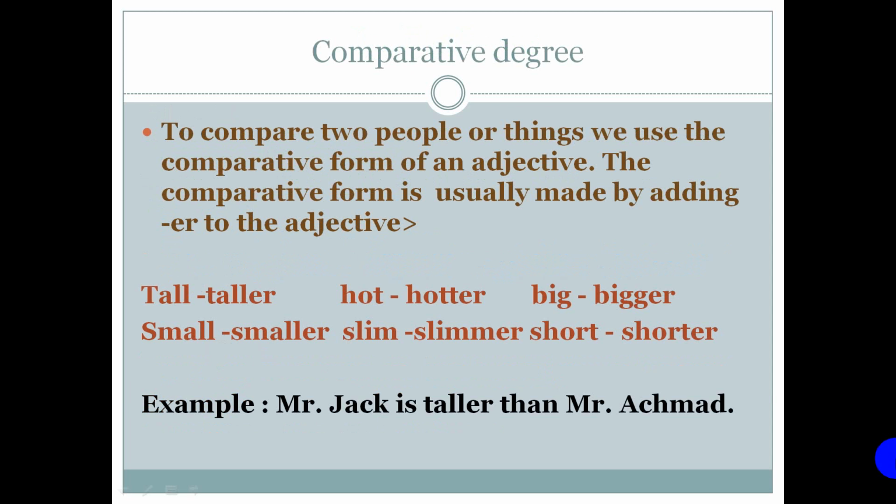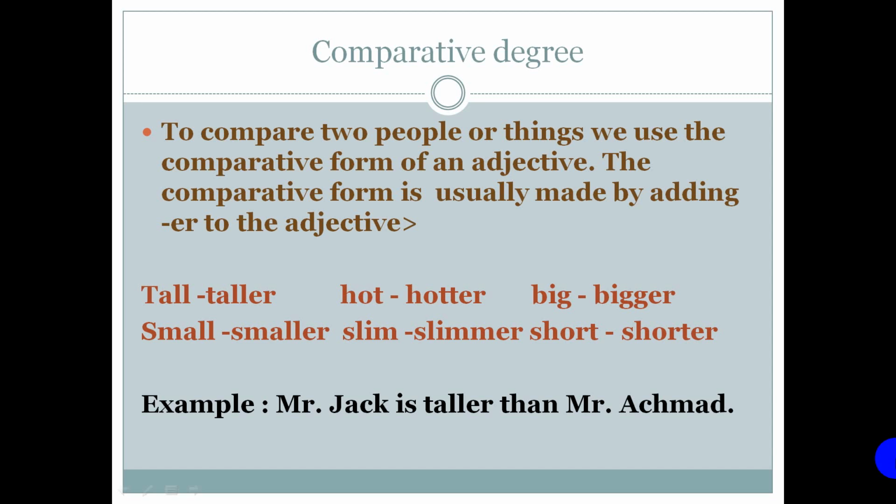The second, comparative degree. To compare two people or things, we use the comparative form of the adjective. The comparative form is usually made by adding er to the adjective.